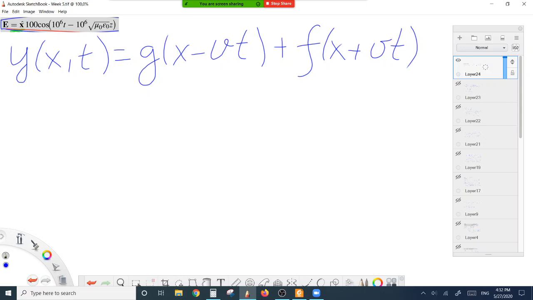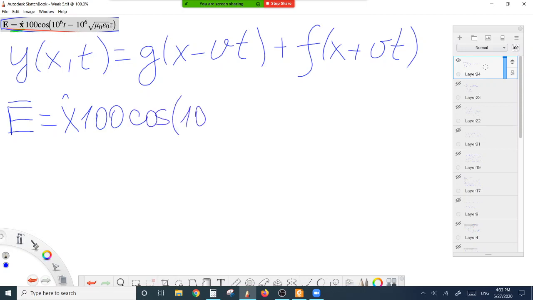Now, in order to prove that our solution is in this form, we need to manipulate our solution a bit. Sorry, electric field equal to, now I will write here 100 cosine of 10 to the 6 t minus 10 to the 6 square root of mu 0 epsilon 0 z.